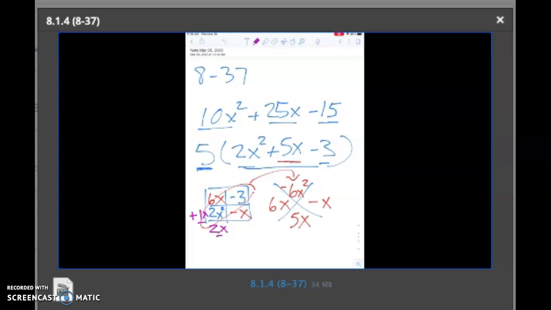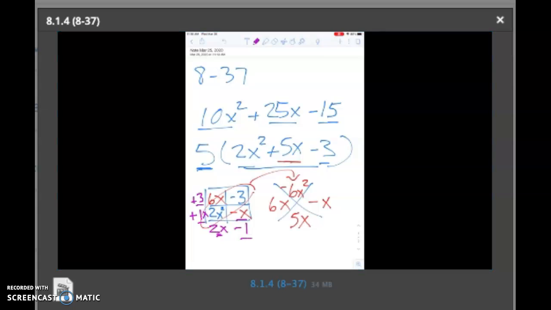And then up here, 2x times positive 3 gives me 6x. Moving over to the bottom right-hand side of my generic rectangle, 1x times negative 1 would give me that negative x there. And then just confirming that this negative 3 is correct, negative 1 times positive 3 does in fact give us negative 3.